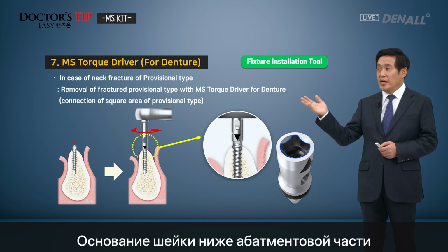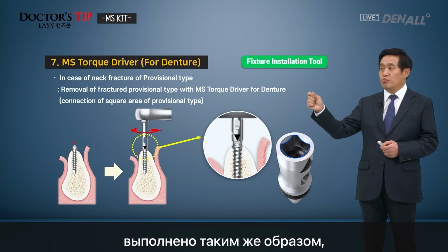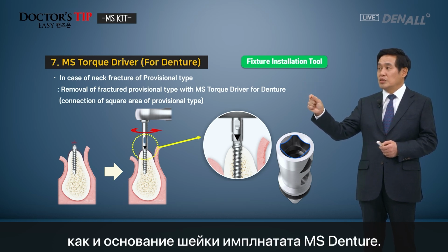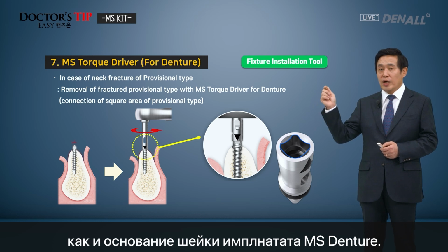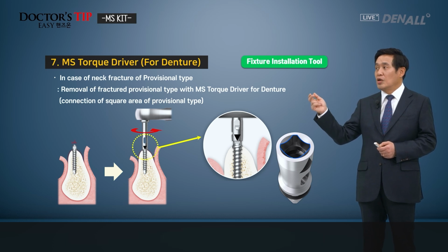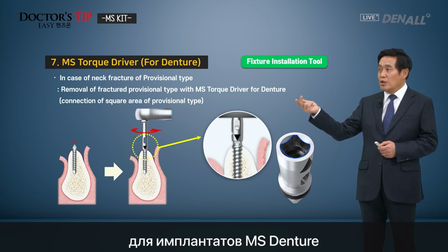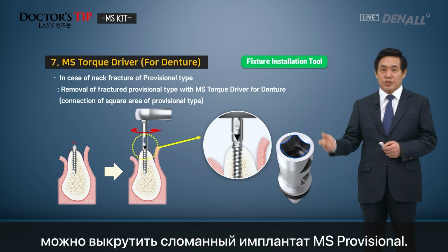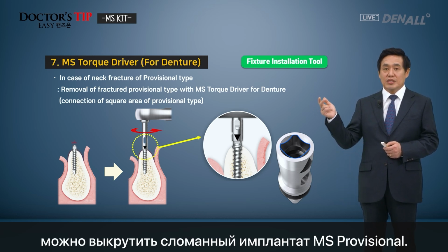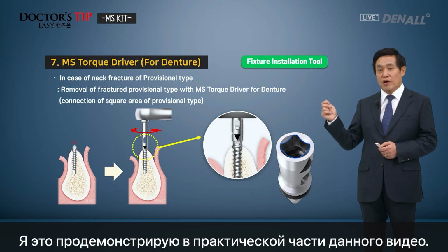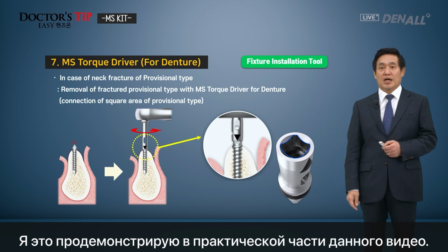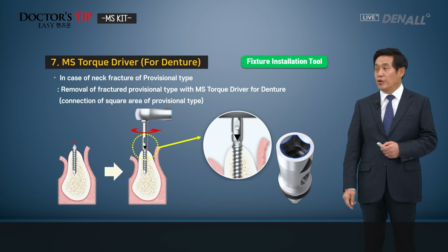But fortunately, for the provisional implant, not the upper part, but below the neck, in the bending part, it's the same type as the denture. Therefore, if this denture type torque driver is used, the fractured provisional type MS implant can be removed very easily. Again, I'll show you this in the hands-on session.